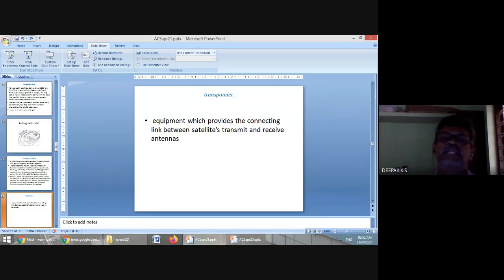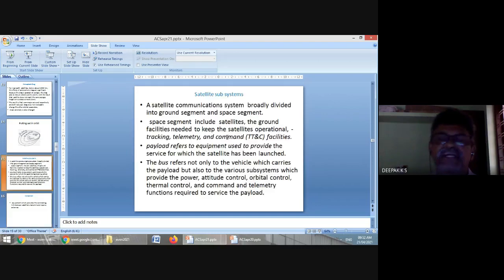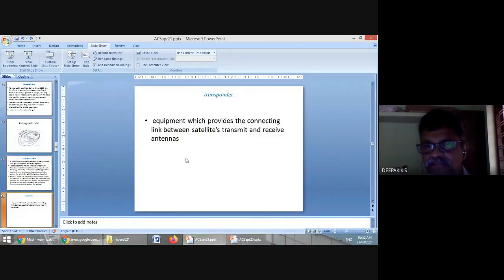So in between the antennas you have the transponder, that's the link. It receives the uplink, does some processing and transmits the downlink, and we have a bus system with various other functions which supports this payload.